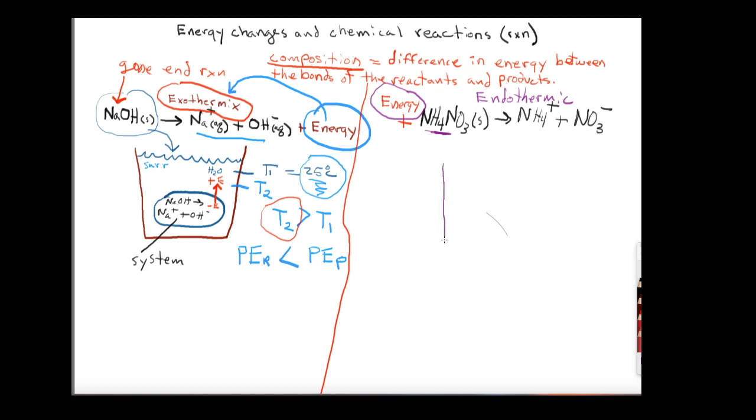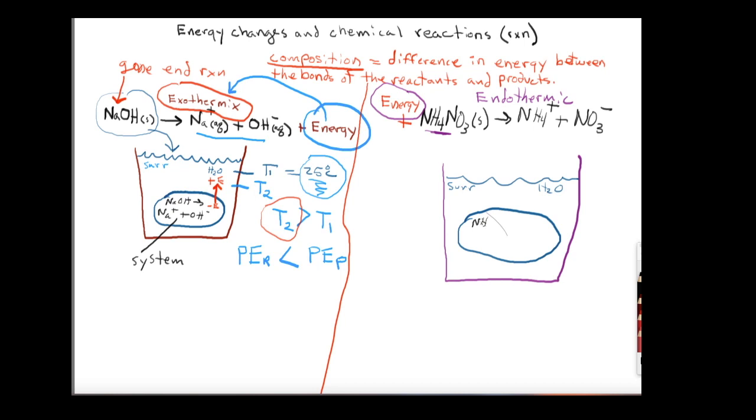Now, if I'm going to sketch this like I did in the other scenario, here's the coffee cup, not the most beautiful thing I've ever seen. Here's our water. Again, this is the H2O, this is the surroundings. And we can insert our system like this. I'll just use a big circle, and we're going to have the ammonium nitrate dissolving into ammonium and nitrate.